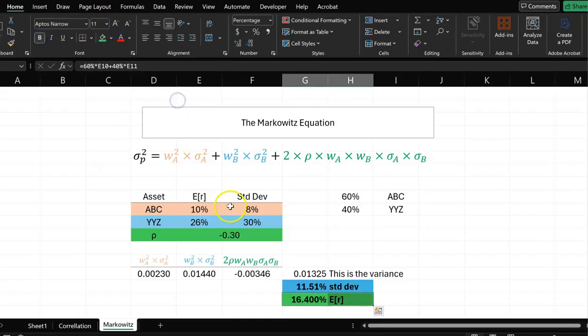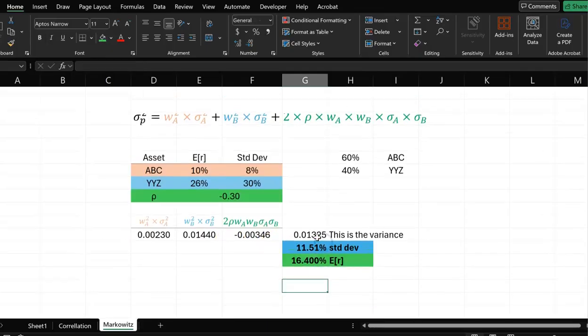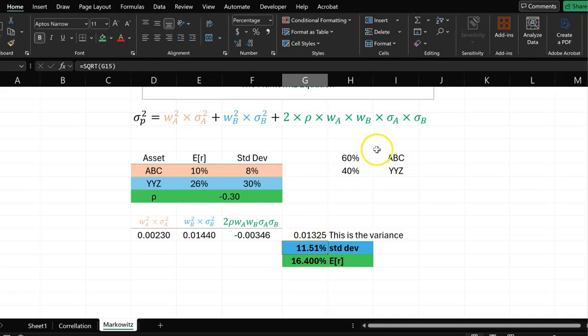Color there just to make the point. There we go. By the way, I want you to notice that by mixing these assets 60-40, I get a standard deviation that is a little bit higher than A's, but not a whole lot higher than A's, and a whole lot less than B, YYZ.